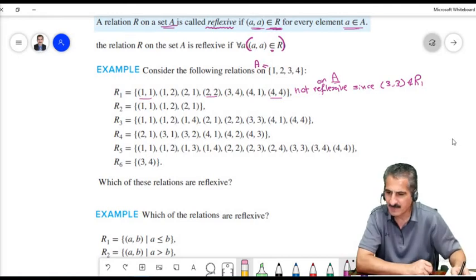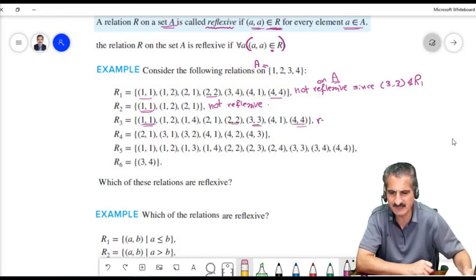Okay. And so which one is reflexive? Here in R2 we have (1,1). So we are missing (2,2), (3,3), (4,4). So this is not reflexive. In R3 we have (1,1), we have (2,2), we have (3,3), we have (4,4).